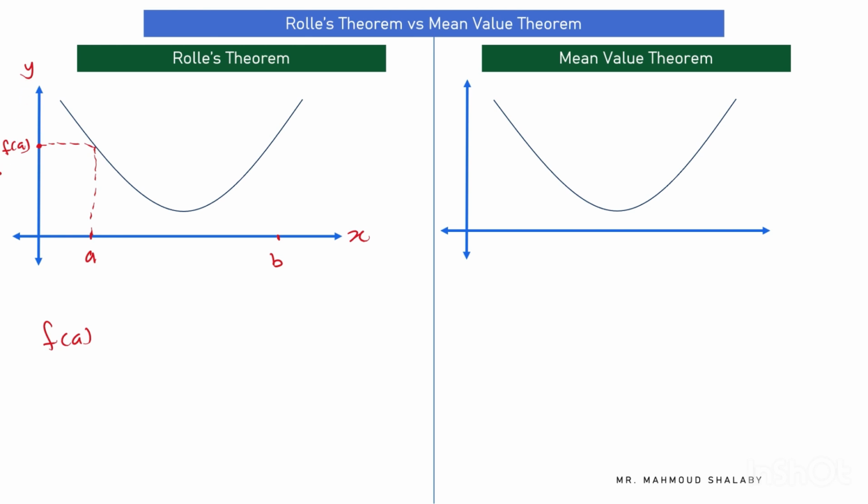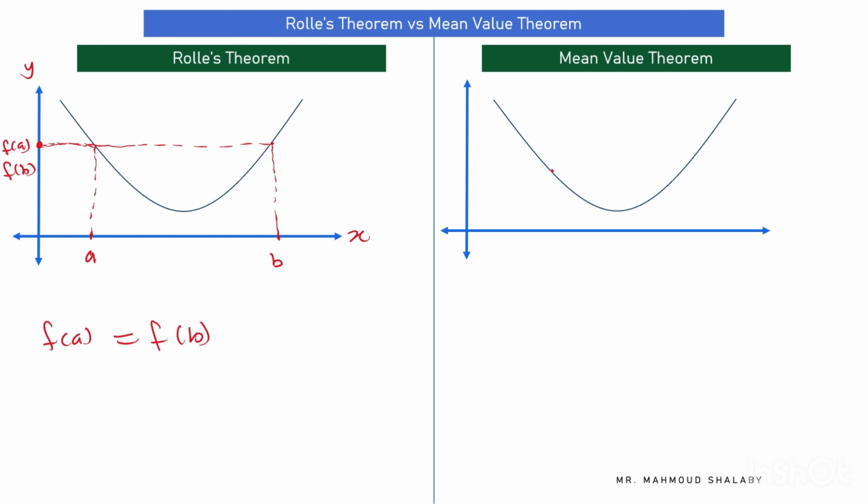Now I will do the same thing for B. I will go up until I reach the graph, then move all the way to the left. And in Rolle's theorem, we will find the same value, or they will meet at the same point. So this leads us to f of a being equal to f of b, and this is a special case.